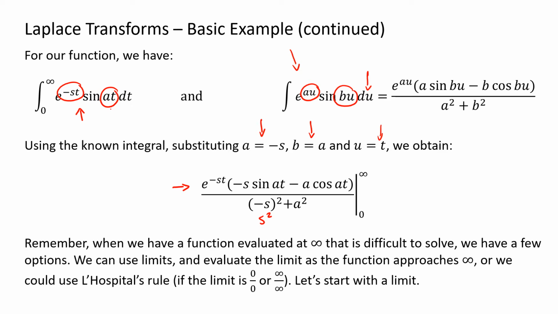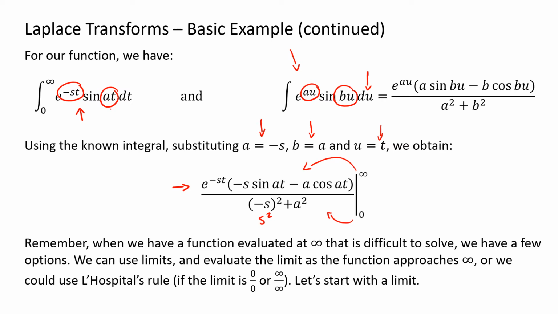So here we have a function at infinity and a function at 0. Remember, we would substitute in infinity here and then subtract the same function, substituting in 0. But substituting in infinity is a little bit tricky.